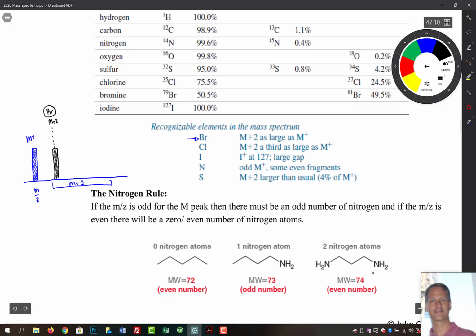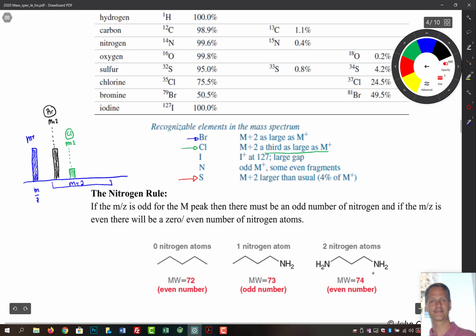All right. Next, looking down here, what about chlorine? Well, it's about a third as large as the M plus. So, again, we're not going to get a ruler out, but we're going to come down to about a third. So this is another M plus 2, and here you would suspect that chlorine would be involved. And then lastly, looking over here, sulfur.